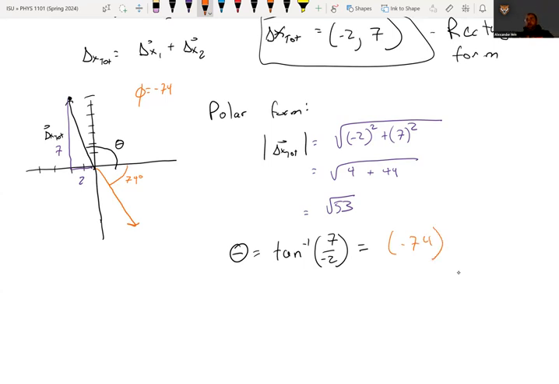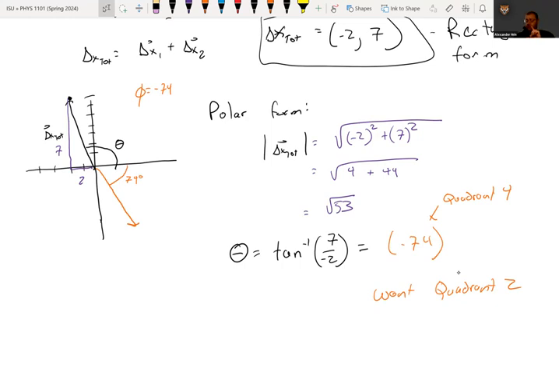But here's the thing. If you've drawn it, you know that -74 is a quadrant 4 angle. What you want is a quadrant 2 angle. We know from our picture that our angle should be a quadrant 2 angle, and it's not currently. It's giving us a quadrant 4 angle.